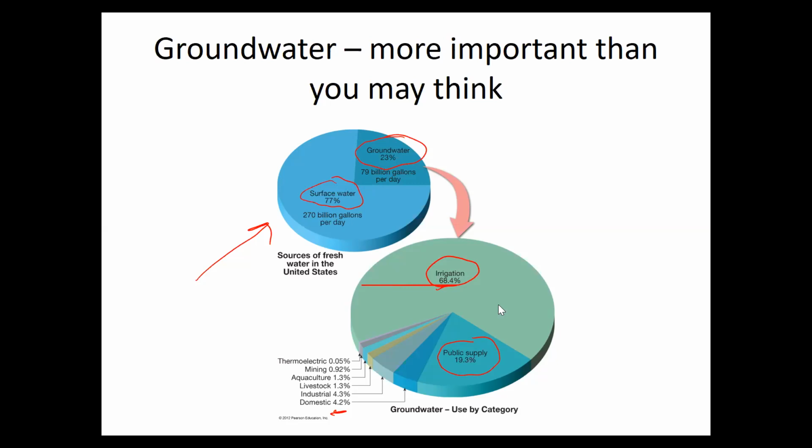The green shaded regions are municipalities whose public water supply is strictly groundwater. So they pump their water out of the ground using wells. And then the beige, yellowish, these water departments, their water supply is a mixture.